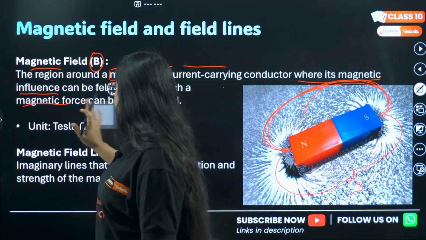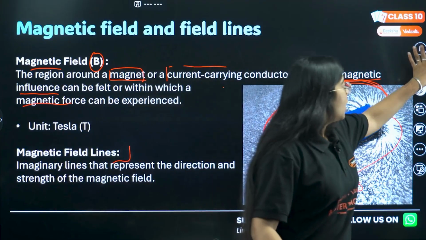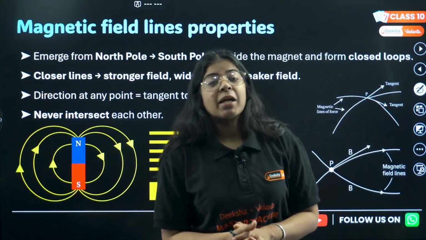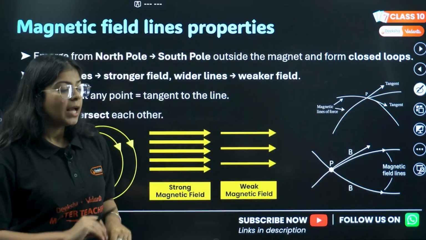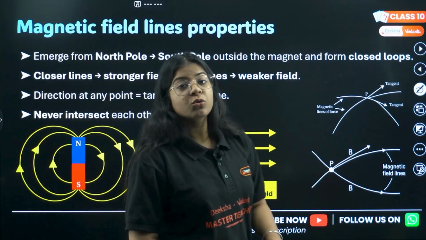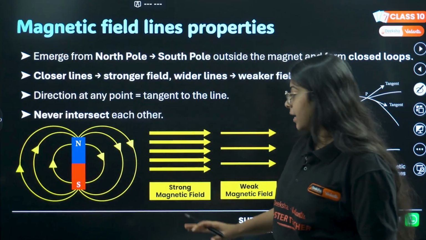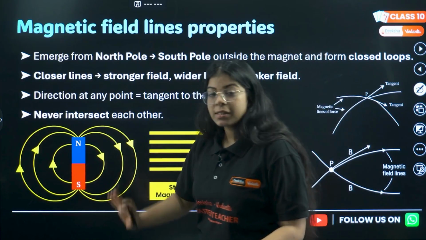Strength, we are going to study that part. So let's study the main properties of magnetic field lines. First and foremost, the very important one, you need to know the direction of magnetic field lines. Say this is my bar magnet, north and south pole.